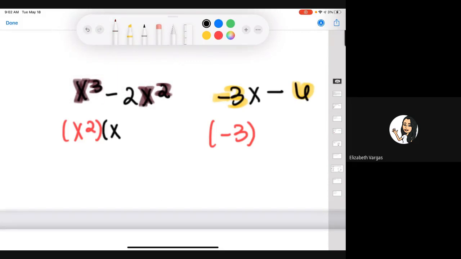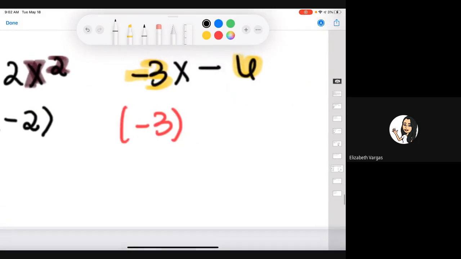Here, x squared times x gives me x cubed. Here I need a -2. And I already have an x cubed, so I don't need to multiply it by any other x. There's my first expression. Here I have a -3. I already have a -3, but I do need to have that x, so I'm just going to add that x there.